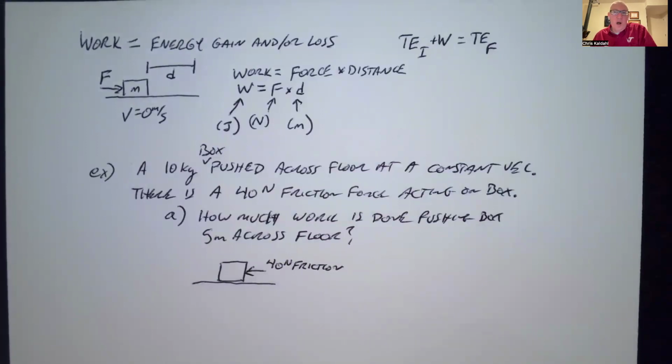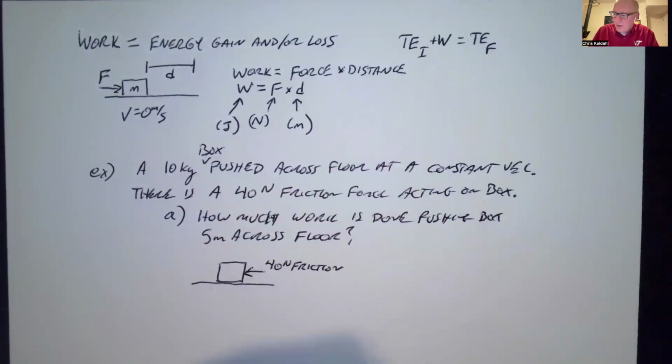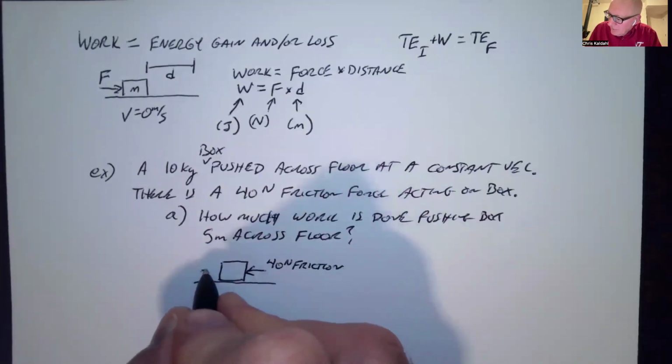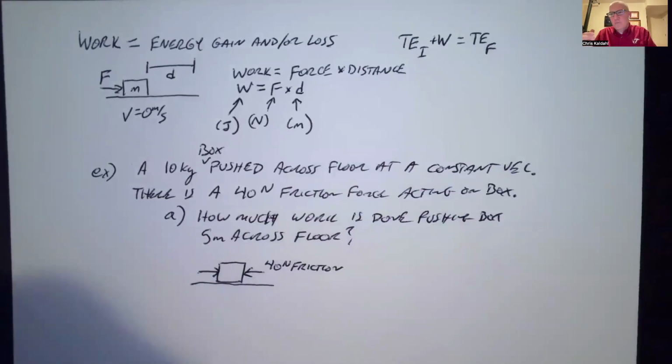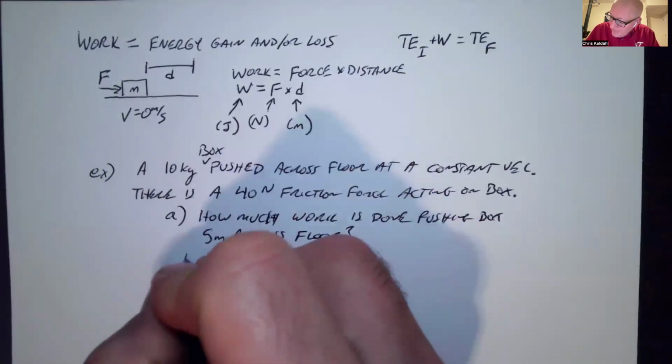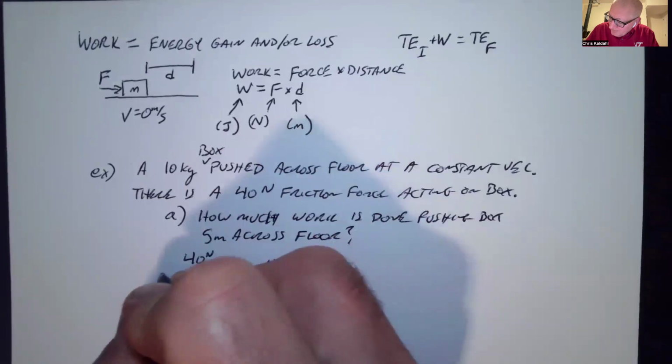If I push with 400, that would be enough, but that's way too much. I don't need to push that hard. All I need to do in order to get it to move is to just overcome the 40 newtons. 40.01 would be enough to get it moving. And then, because of what we know about the idea of inertia, an object in motion is going to stay in motion. I don't have to push with anything more than 40 newtons.